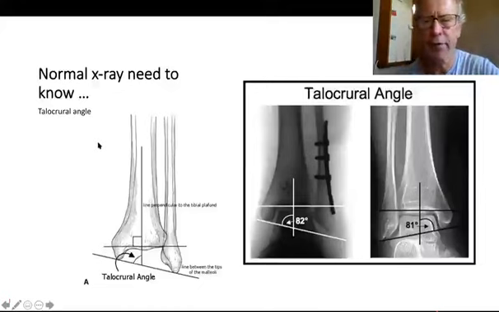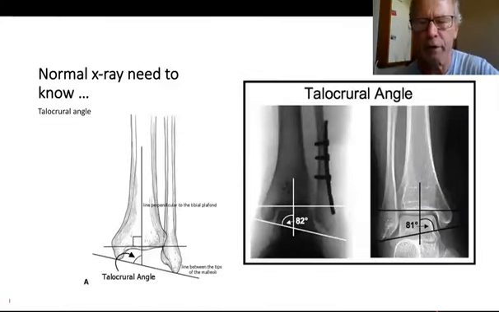Some X-rays, quite nice to know. When we talk about the talocrural angle, we're really talking about the fibular length. The line drawing on the left shows a line drawn at right angles to the long axis of the tibia, and the other line is drawn through the tips of the medial and lateral malleolus.